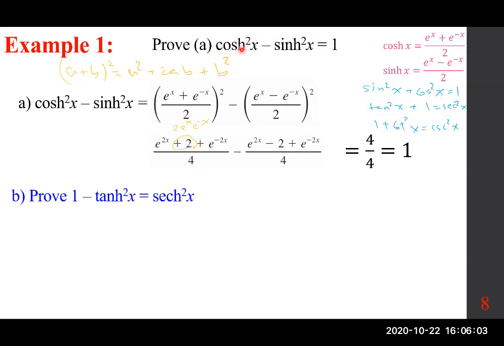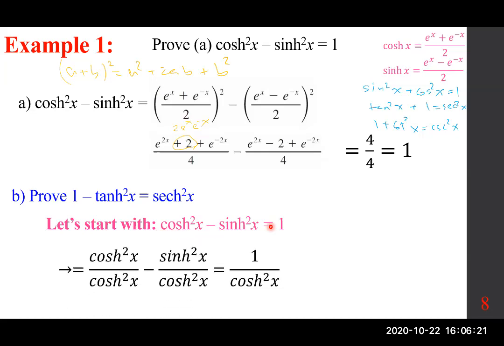So let's use that one. So we're going to start with that. And remember what we want. We want 1 here, right? So how do you get that? Divide both sides by the first term, which is hyperbolic cosine squared. So let's divide. And when you divide, practically you're done.